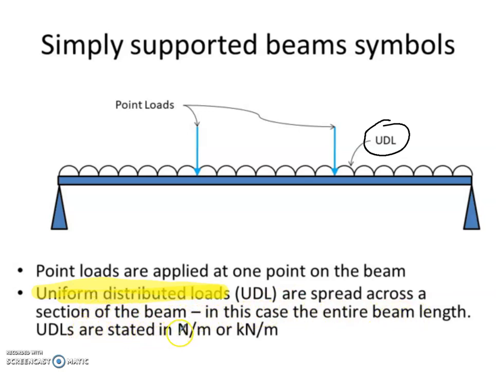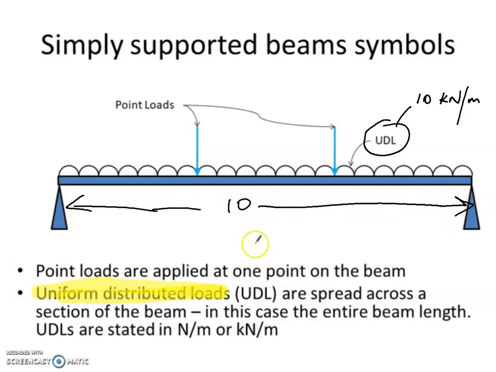UDLs are stated in newtons per meter or kilonewtons per meter. So for this UDL we might have, say, 10 kilonewtons per meter. Now if this beam is, we'll say, 10 meters long, every single meter of that beam will carry 10 kilonewtons.